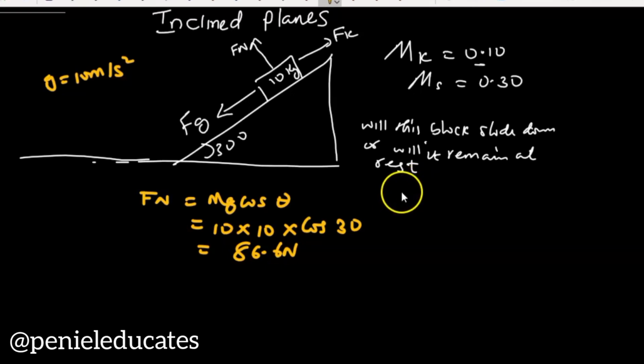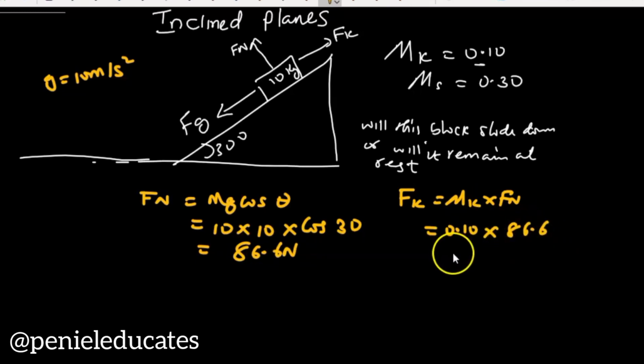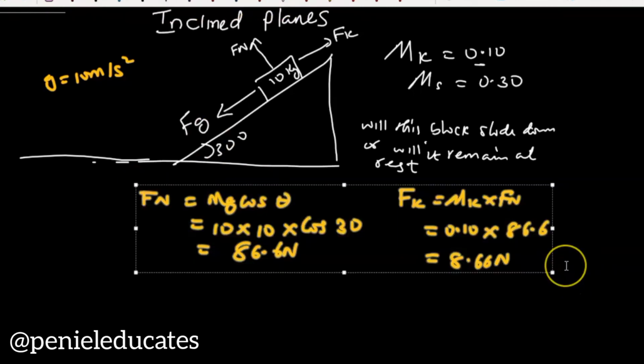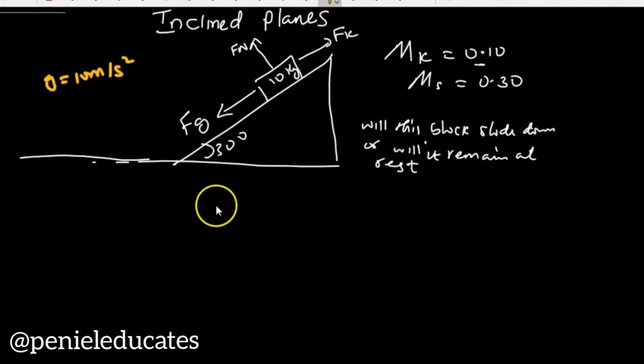Now let us look at Fk, the kinetic friction, which is mu k multiplied by Fn. Mu k is given as 0.10 multiplied by 86.6 Newtons, which gives us 8.66 Newtons. Now we need to find Fs, and Fs is less than or equal to mu s Fn.